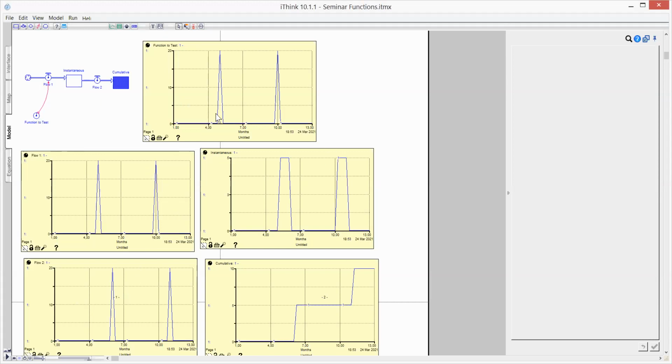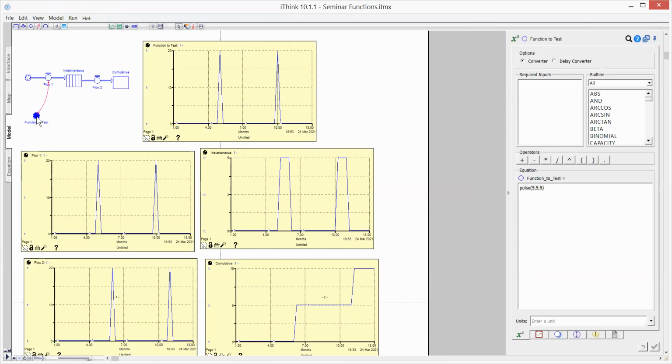We see the pulse function causes the input value to go to 20, which is correct. It's 5 multiplied by 4. And it does it every 5 units. We see the same thing replicating here. Instantaneous goes up to the value of 5, which is what we expect. Our cumulative counter goes up to 5, and then it adds the additional 1.